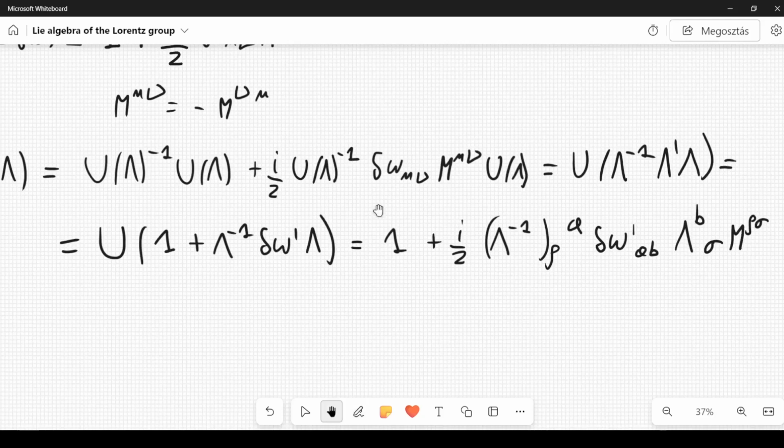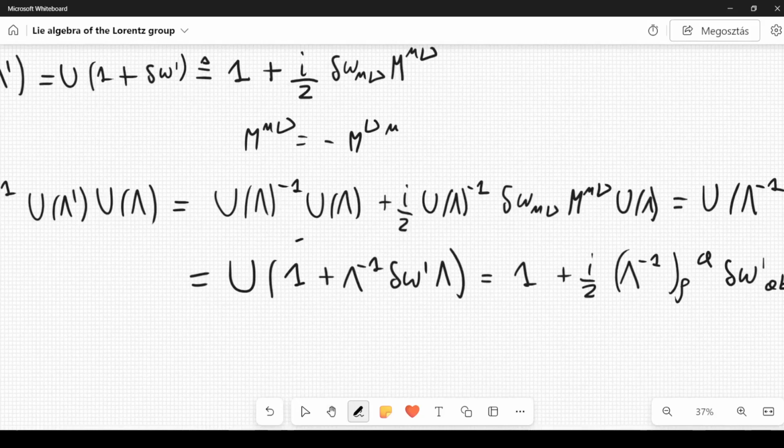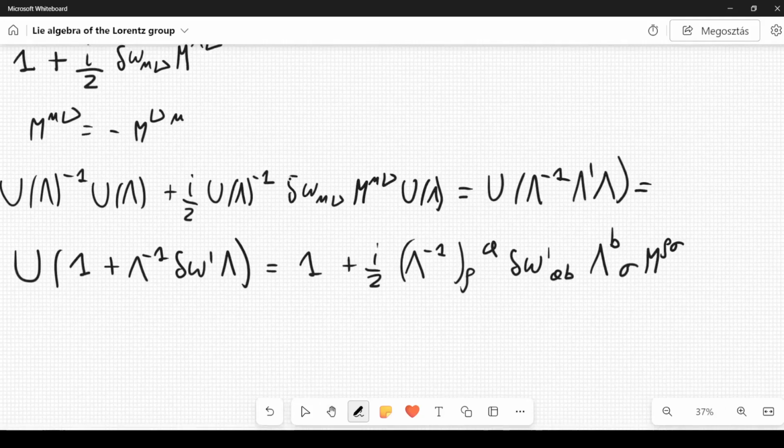I have used this formula, where instead of 1 plus delta omega prime, you have to imagine that we have this expression. So instead of delta omega prime, we have lambda inverse delta omega prime lambda. So the expression is really this one, which multiplies M rho sigma.